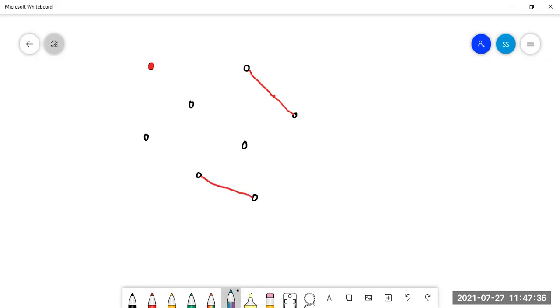Now we are taking the blue, that is the galaxy pen. This is taken as blue. This one is blue. Then this one is blue.